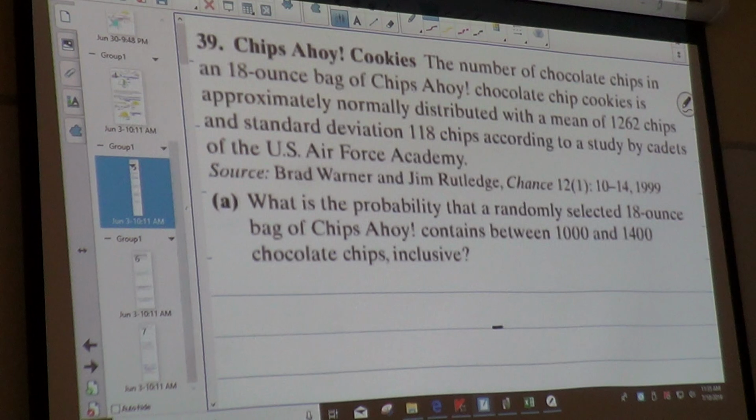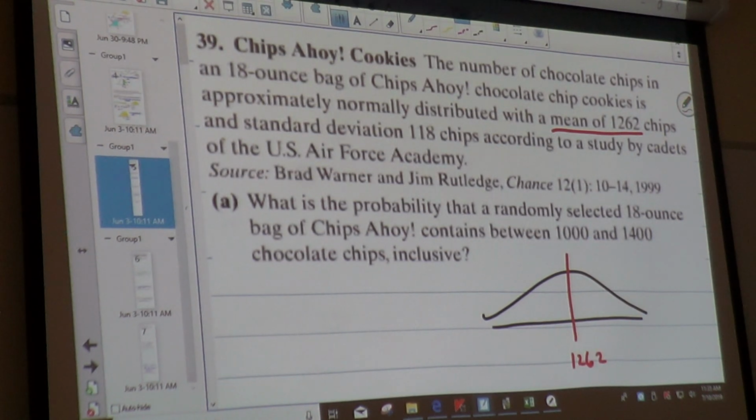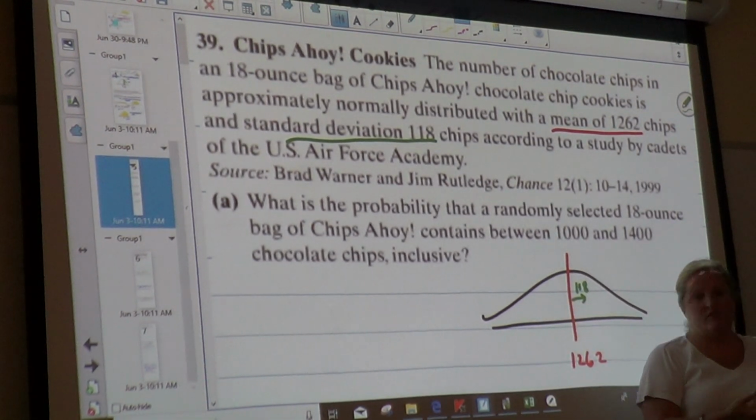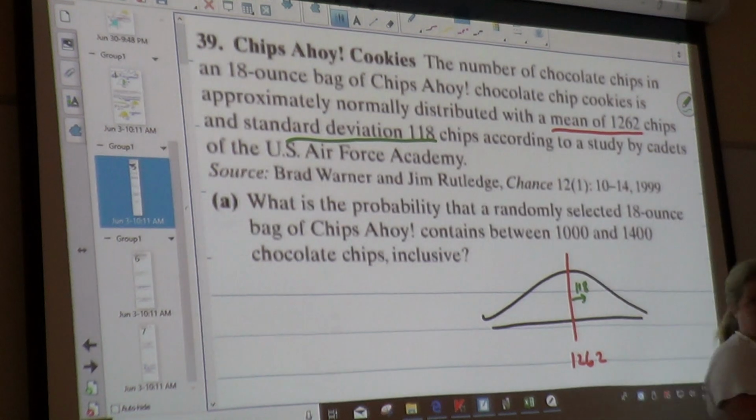All right, we have a normal distribution. Our mean is 1262. Our standard deviation is 118. What is the probability? So what are we trying to find? Shade.